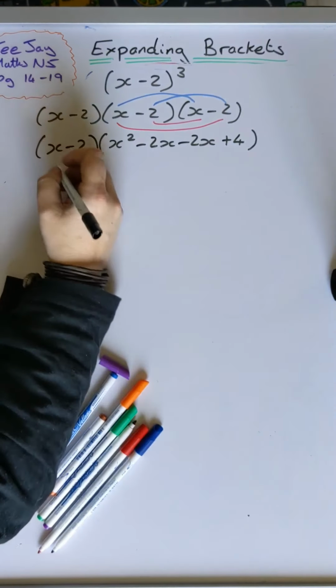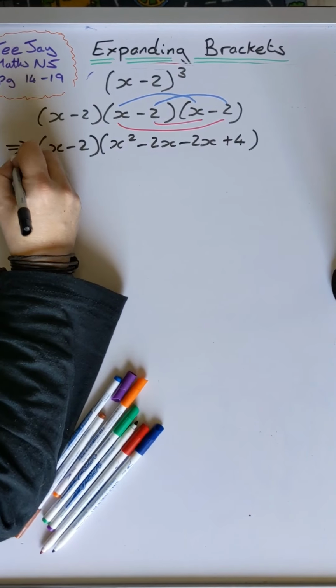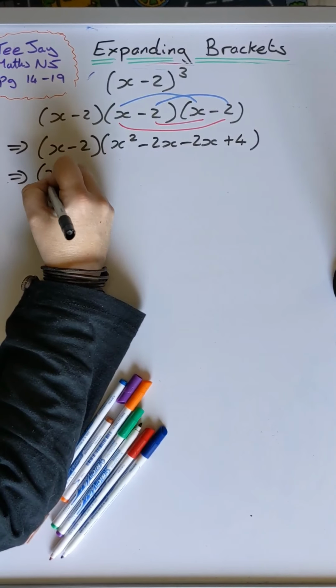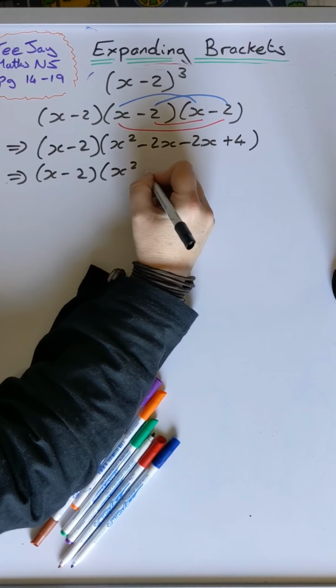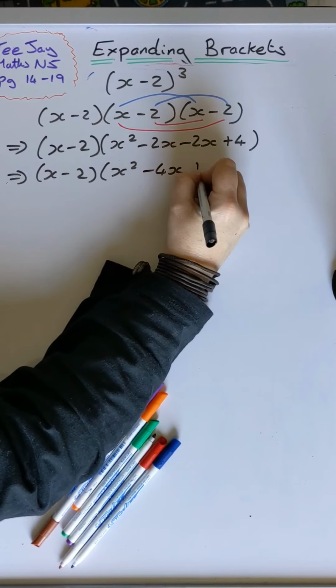And I can write that out again to take it down another line and tidy up that bracket. X squared minus 2 is minus 4 lots of x plus 4.